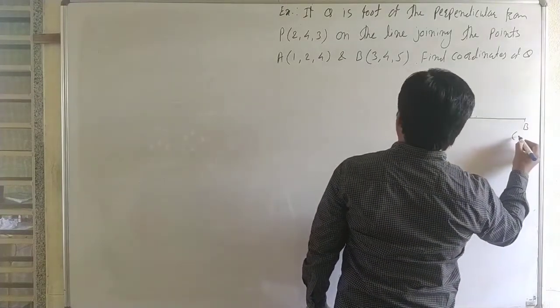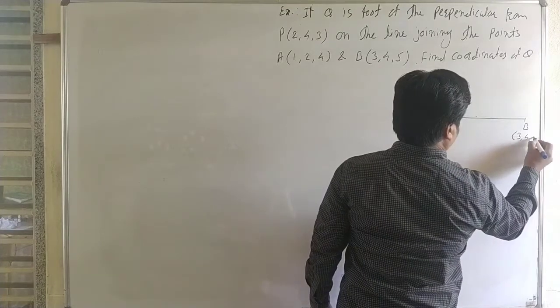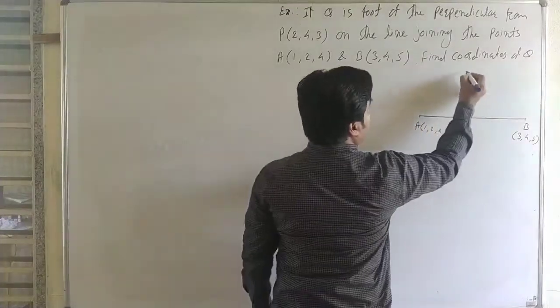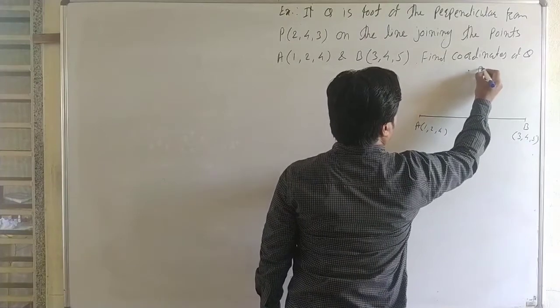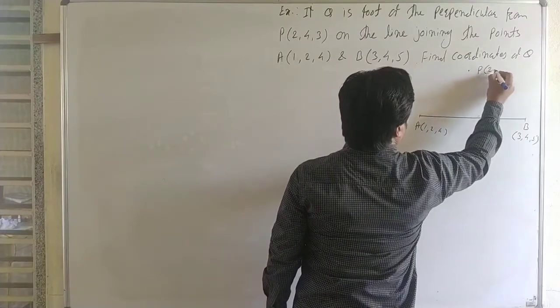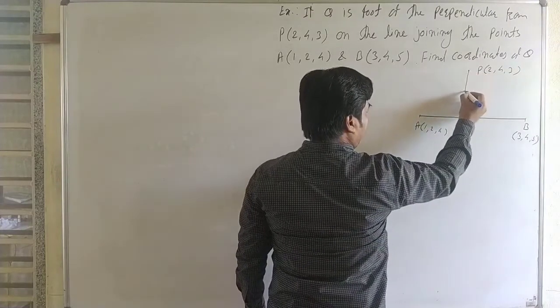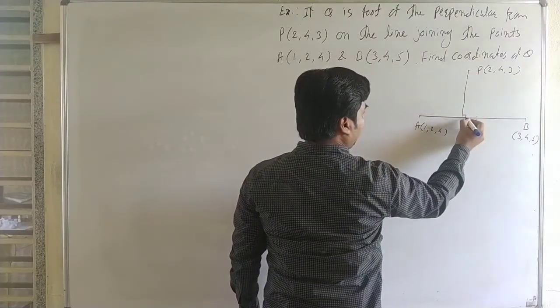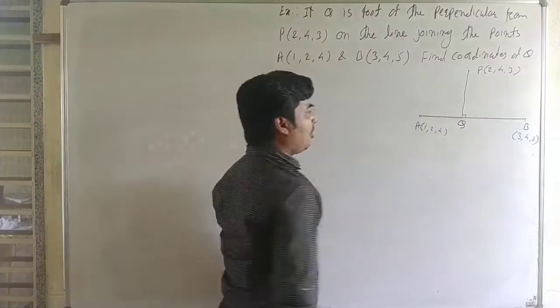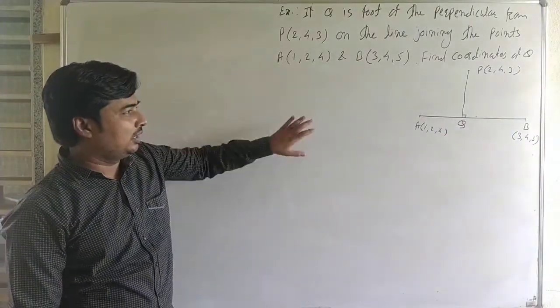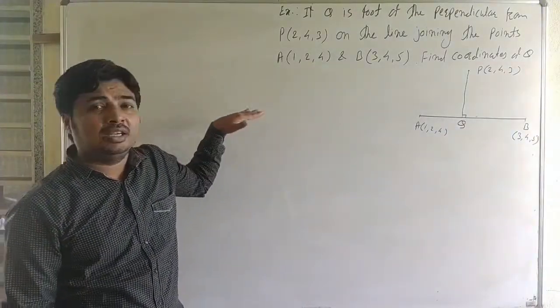Coordinates of B are 3, 4 and 5. Now P, it is a point, P is 2, 4 and 3, and then the perpendicular from P, and Q is the foot of the perpendicular. Okay, foot of the perpendicular on the line AB.